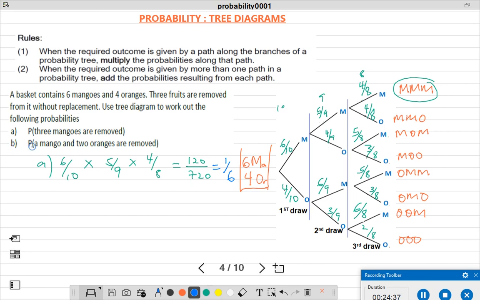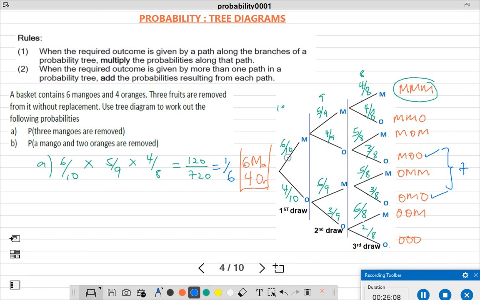Now, part B, a mango and 2 oranges. 1 mango, 2 oranges. So here you can see we have different paths. We have this one here, a mango, orange, orange. We have even here orange, mango, orange. So here we have two paths, so we are going to add. These two will be added.